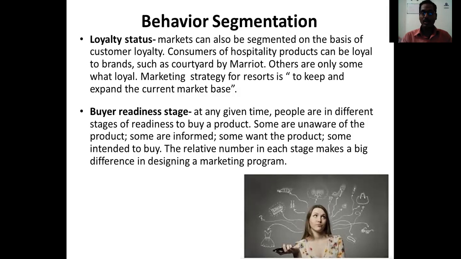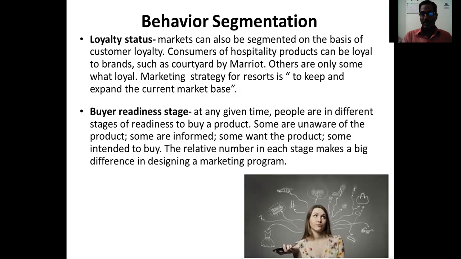So people who are not aware of our product, through proper marketing planning, we can inform these people. And those who are informed, we can do promotions and those things to stimulate them to buy our product, because they have already been informed.